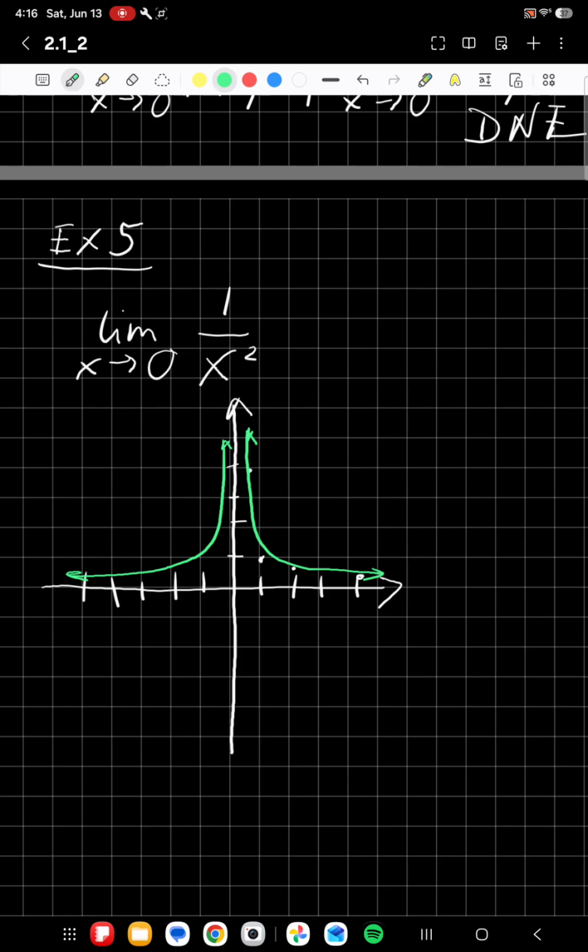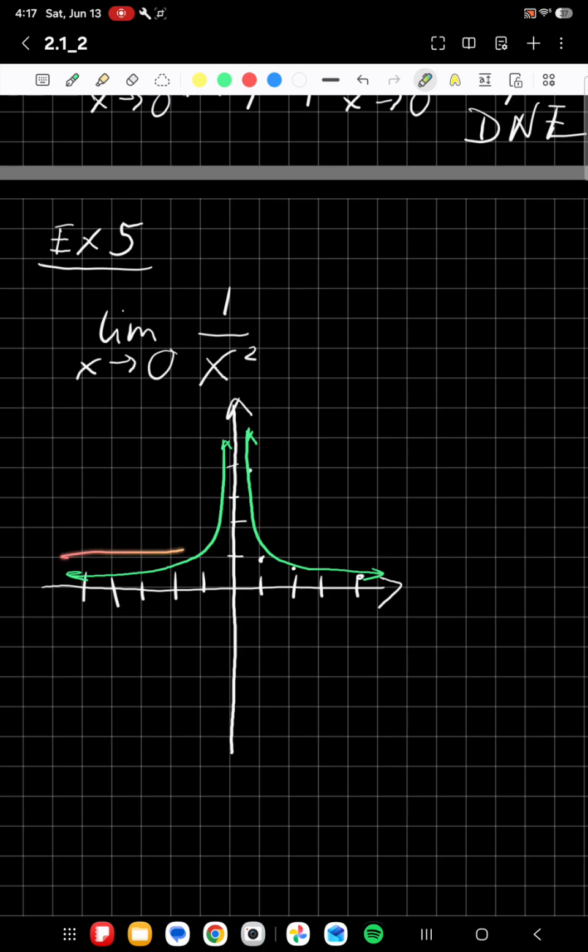So let's think about it. What's happening when I'm getting closer to that 0? This is supposed to be an arrow, so I'm moving this way with my x's. What's happening with the y's? If I get closer and closer to the y-axis, to 0 from the right, the value of the function just goes up to infinity. The same thing happens from the left.